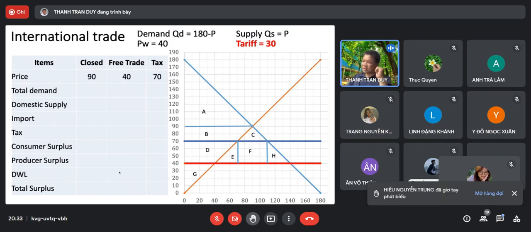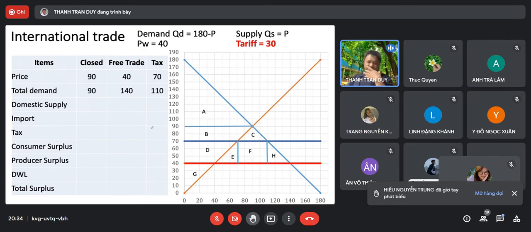Now we have three situations. If we have closed economy, the total demand will be 90, free trade will be 140, and tariffs will be 110.